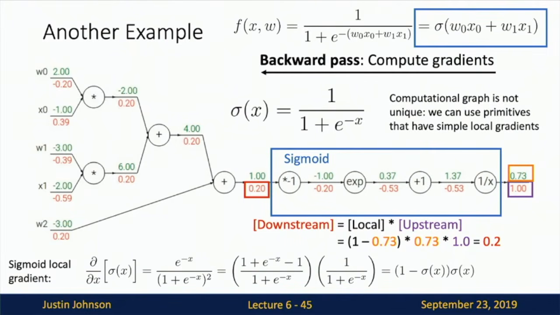Another thing we can start to notice when we look at these computational graphs is that there are some patterns that become apparent in how information propagates during the forward pass and then during the backward pass.